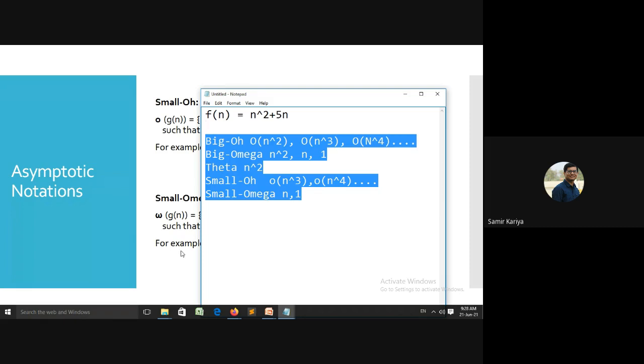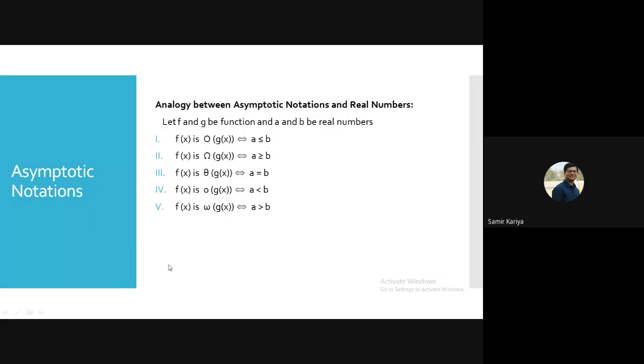Again, let's see the properties, then you will be more clear on these asymptotic notations. Let's take here f and g be two functions and a and b the real numbers. If f of x is order of g of x, then you just simply write a less than or equal to b. That's the real numbers, a less than or equal to b.